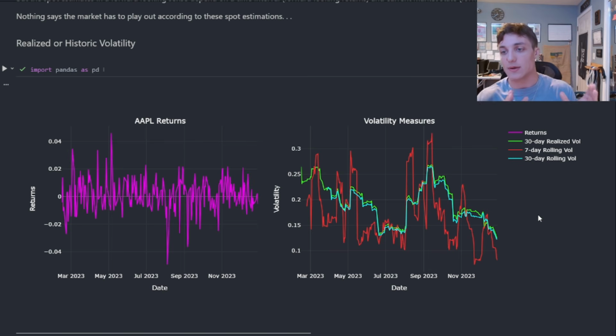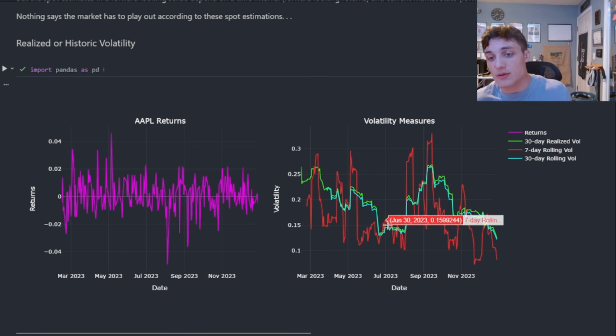So every 30 days, I'm going to take the average, then I'm going to measure deviations, and I'm going to roll that forward by 1 day, take the new average, roll that forward, so on and so forth. You can see that those paths are much smoother than the red path. The red path is going to be more volatile because I'm not using as long a period to measure the return.